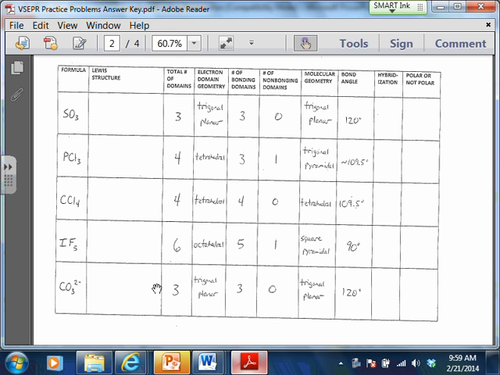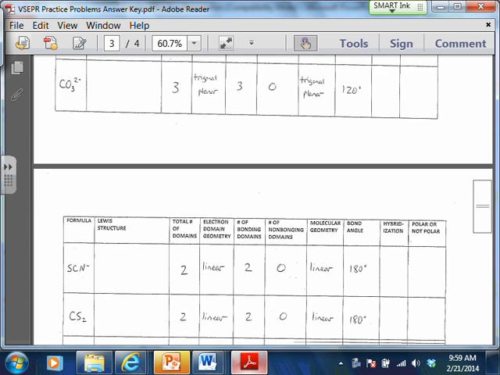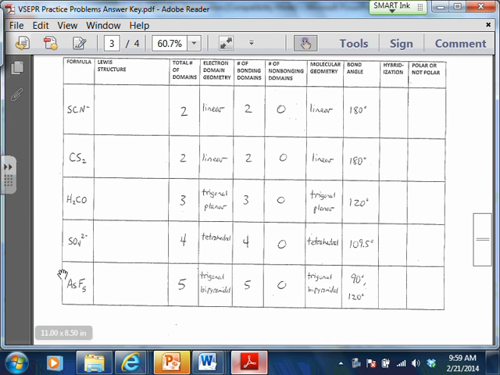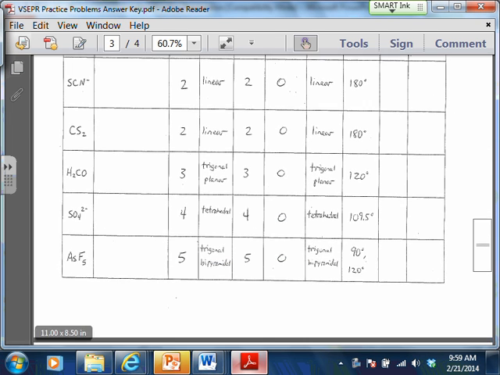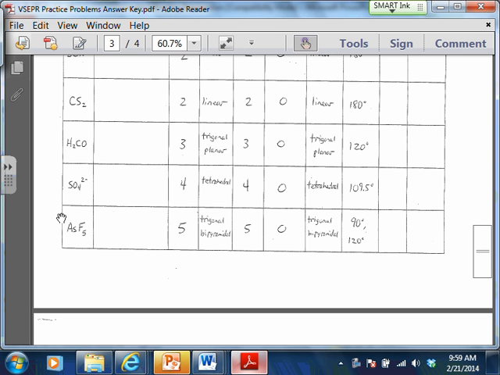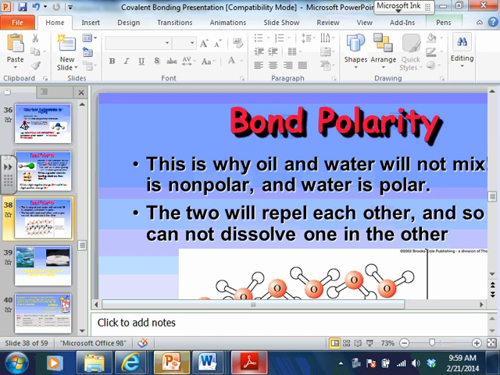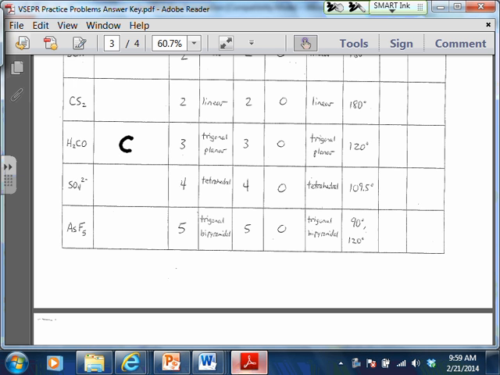Okay? Now, there's another situation that I don't think is on this worksheet. Oh, no, here. This one. Well, but that's the polyatomic ion. Here we go. This right here, H2CO. Okay? H2CO has no lone pairs, right? If I draw the Lewis structure for H2CO, it's going to look like this. Does that look symmetrical to you? Now, I've got an oxygen on the top, and then I've got hydrogens down here.